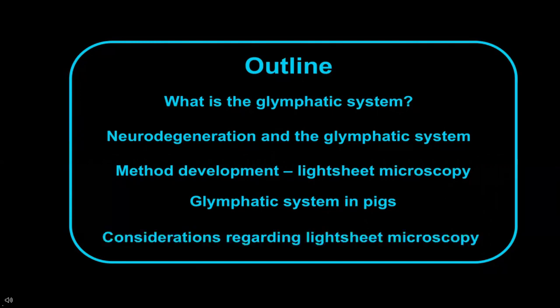And then I'm going to go through some more considerations that you might want to take into account when you decide on whether or not to use light sheet microscopy.